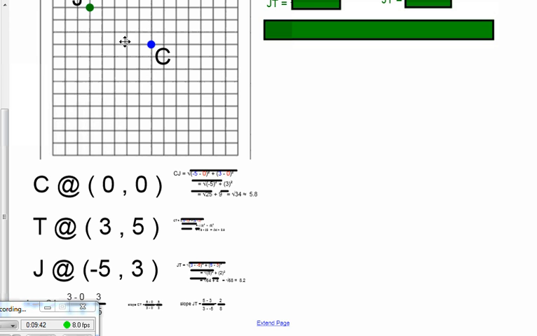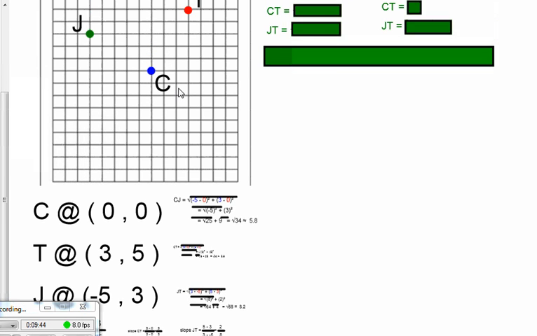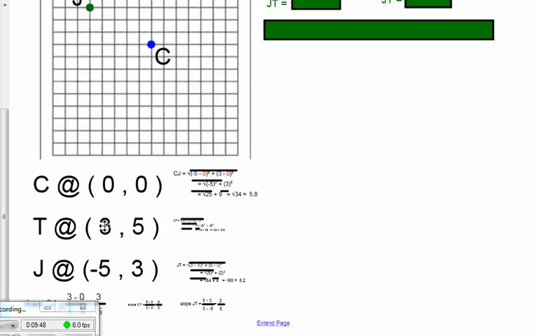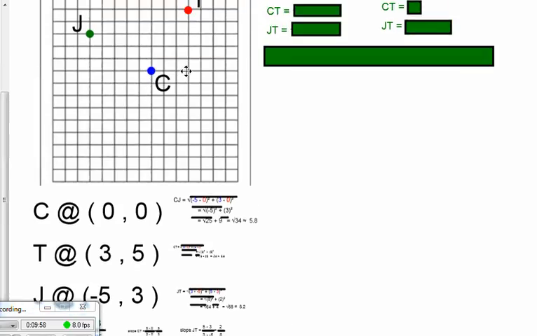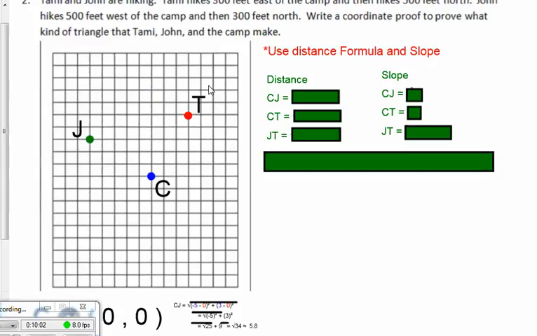So the camp is our origin. That's where we started off. From there, I did mine all in hundreds. So each of these boxes is 100 feet. So from the camp, Tammy went 1, 2, 300 feet east, and 1, 2, 3, 4, 500 north.